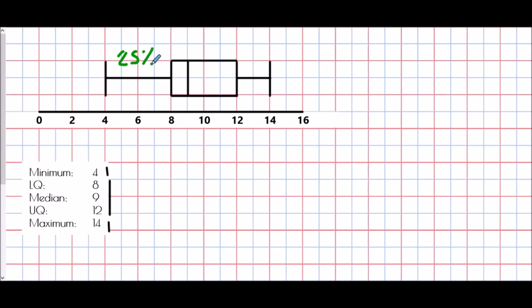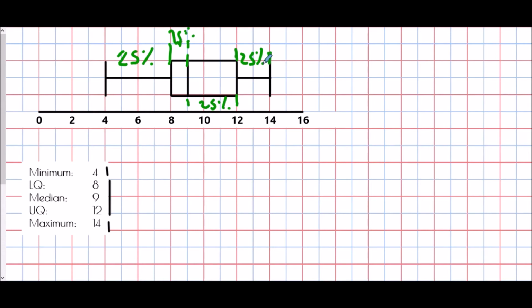Then from my lower quartile to my median, well, that's another 25%. From my median to my upper quartile is another 25%. And then finally, from the upper quartile to the maximum value is another 25% of the data.